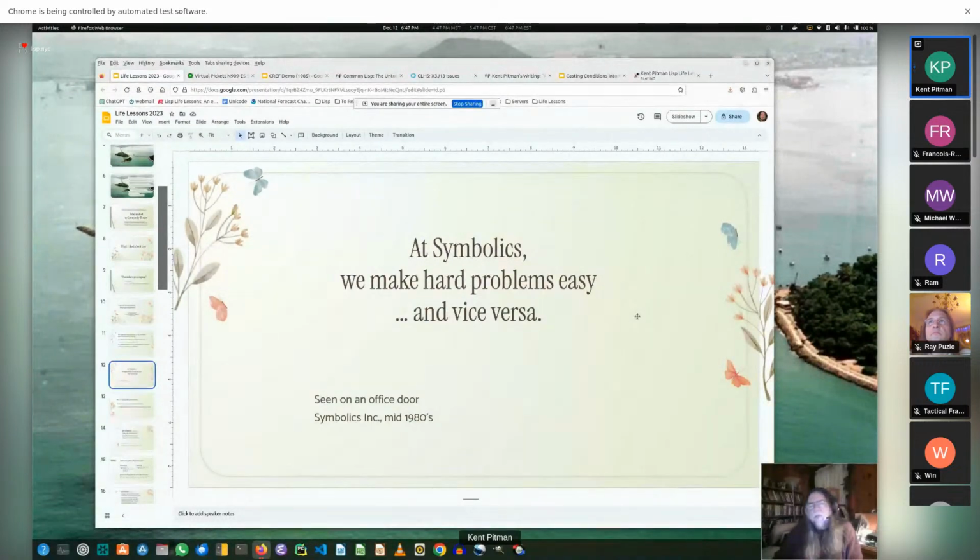Symbolics was the first commercial Lisp machine company, and the door had a picture of Zippy the Pinhead from the cartoons next to it. That was sort of the unofficial Symbolics mascot. So this notion that you can make certain problems easy always at the expense of making others hard was funny, but it was also true. I don't know, it always stuck with me.